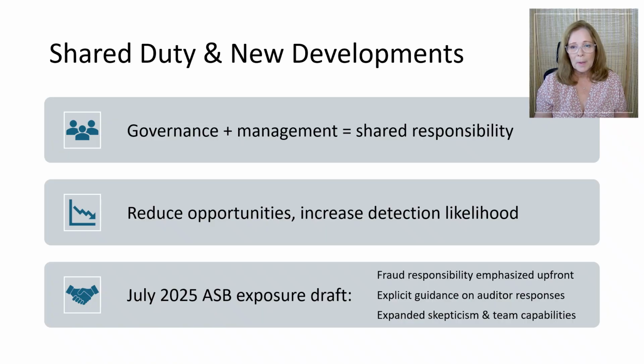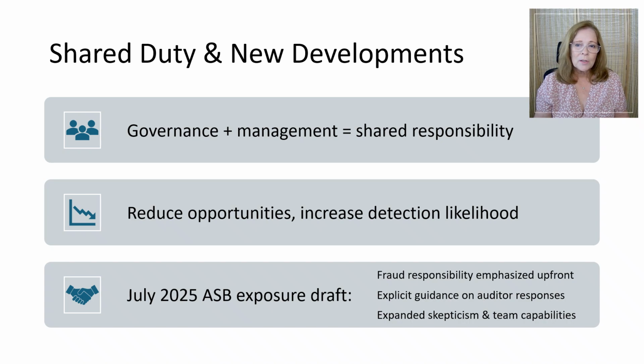There is a higher expectation for governance. Audit committees and boards will have to be more engaged, more informed, because the standards want governance to be part of the loop regarding fraud risk, reporting mechanisms, and response. In addition, the exposure draft considered stronger alignment with international standards.